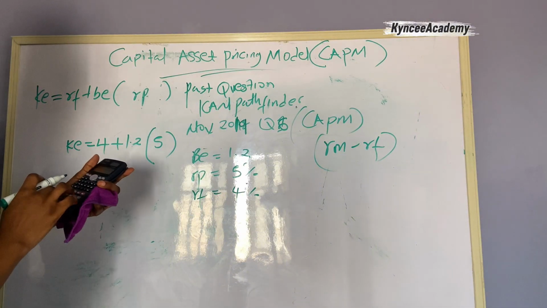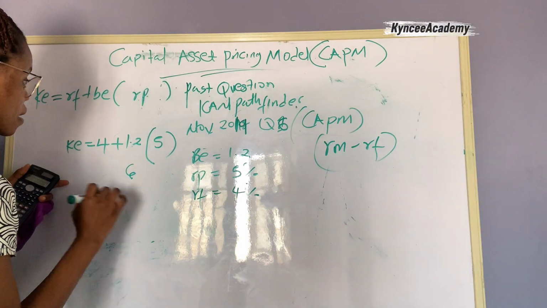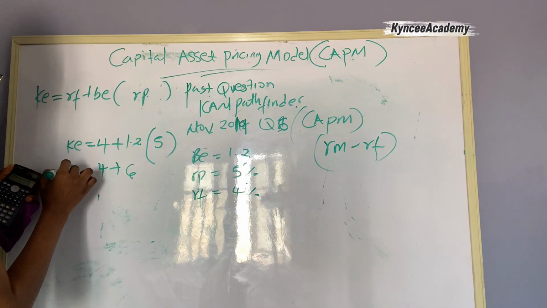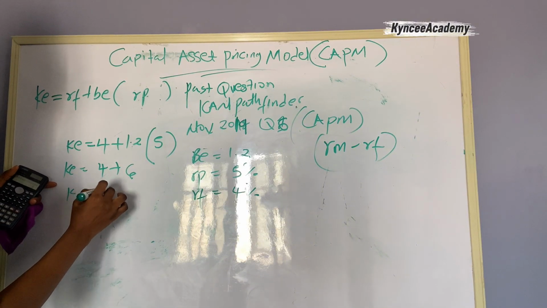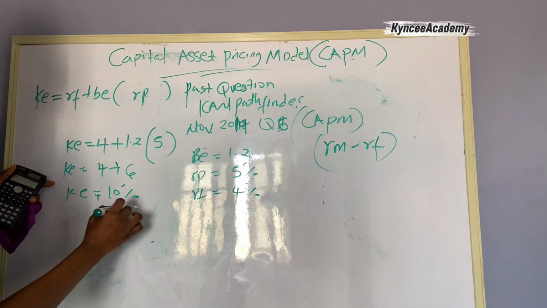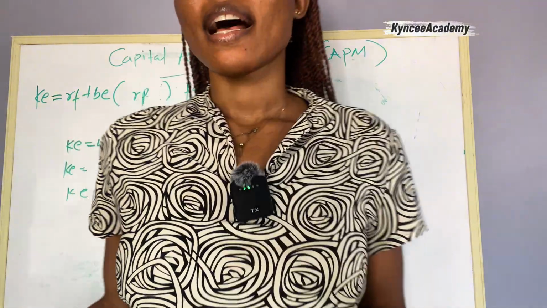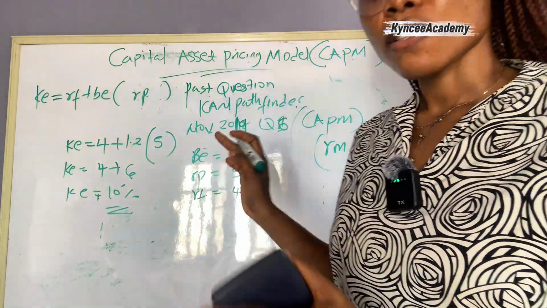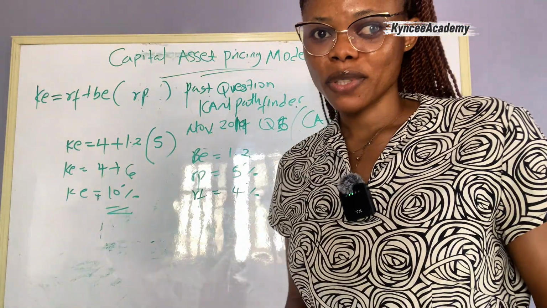So 5 times 1.2 is going to give us 6%, 6 plus 4. So KE is equal to 10%. Yes. So that's all about the cost of equity using CAPM, the capital asset pricing model.